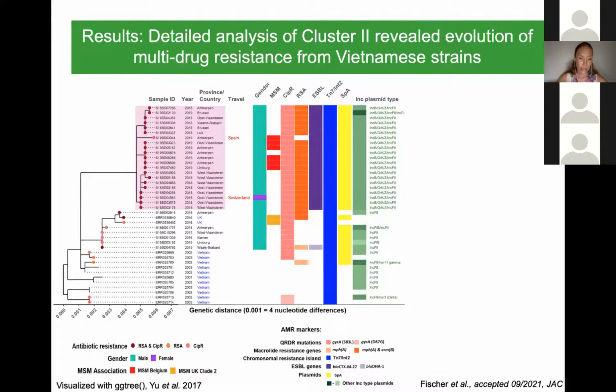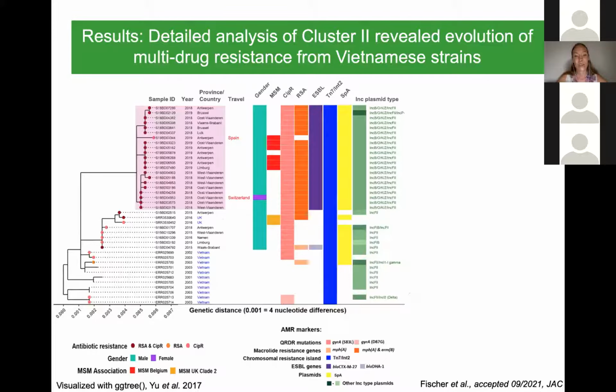Moreover, if you look at the antimicrobial resistance pattern, there was not much resistance found in these early isolates from the 2000s, but as they evolved genetically, they acquired resistance by mutation in the gyrA gene, and they acquired both mph(A) and erm(B) resistance genes for azithromycin, for example.